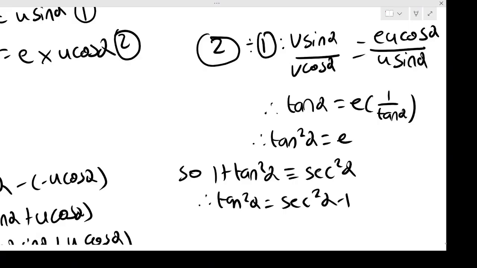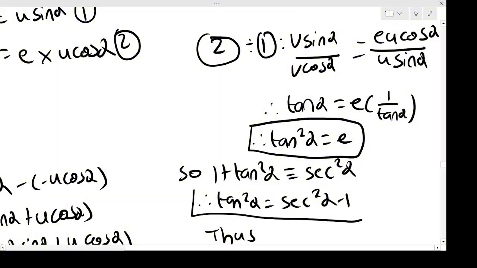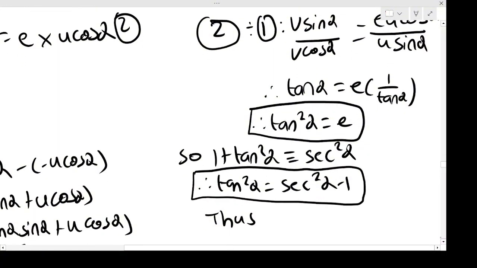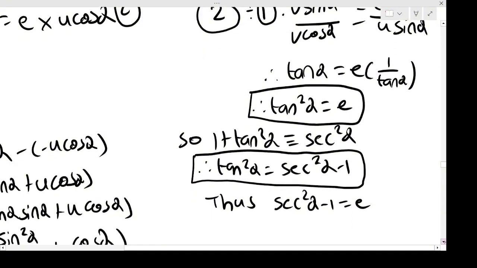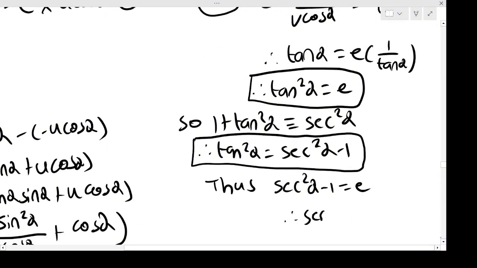So what I can do is, I've got tan squared is e, but I also know, if I rearrange the trig identity, tan squared is sec squared minus 1. So that means sec squared minus 1 is e, and so sec squared is e plus 1.